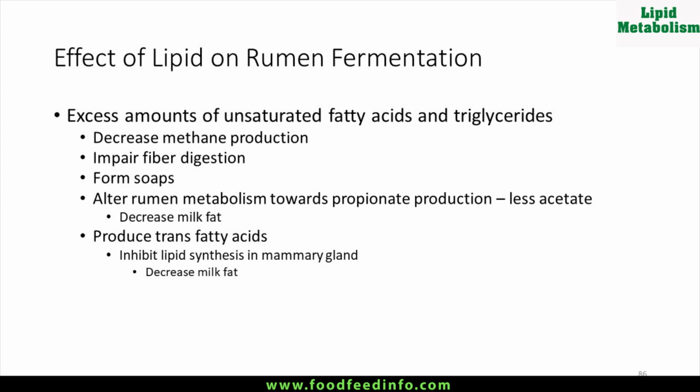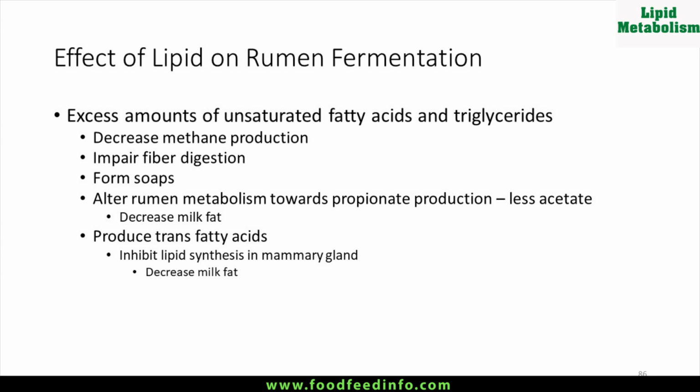Particularly in ruminant animals, an excess amount of unsaturated fatty acids and triglycerides decreases methane production. Due to a physical coating or their killing action on the microorganisms, they impair fiber digestion, and they also form soaps.